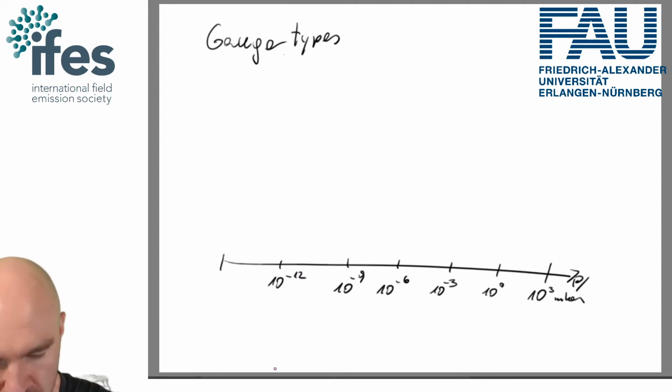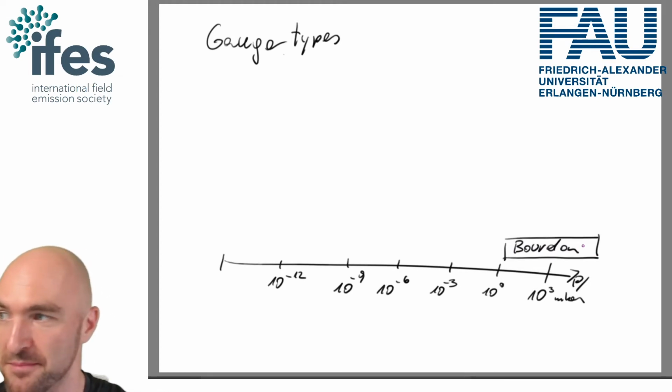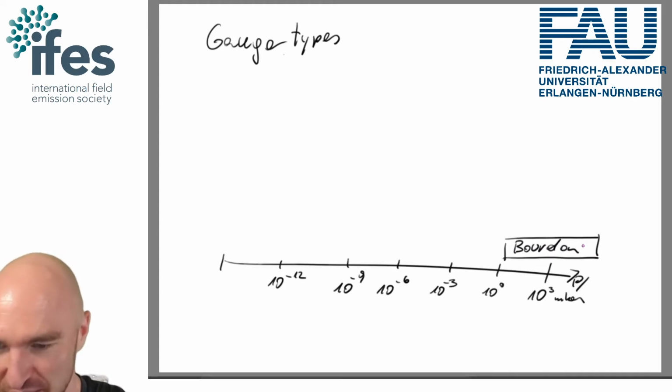And essentially, if we start at the higher end of pressures, so up to about a millibar, we can use direct mechanical gauges. So that would be our Bourdon manometer, our Bourdon gauge. I hope I'm saying that right. The French people probably say that's not quite true.